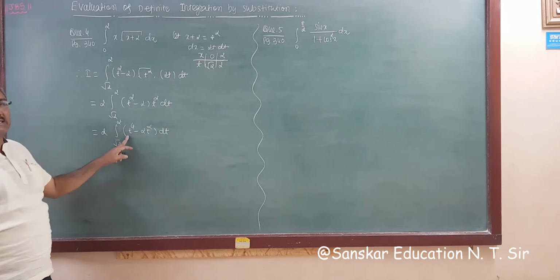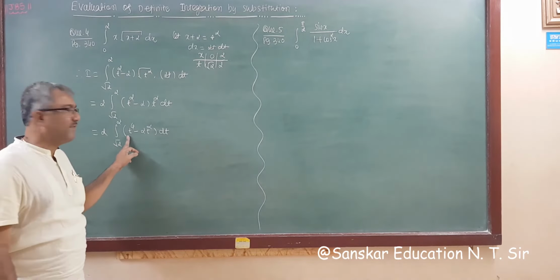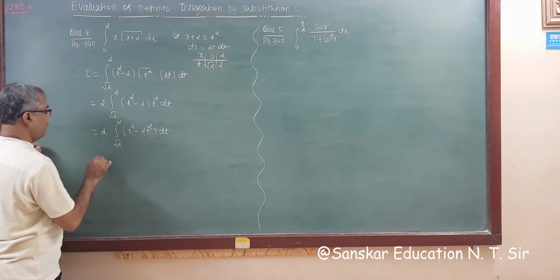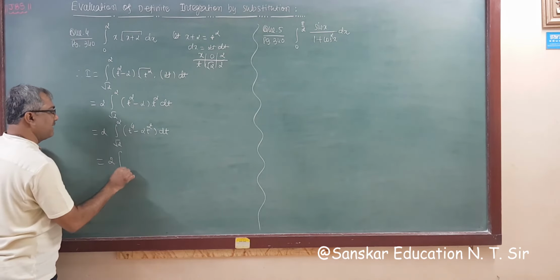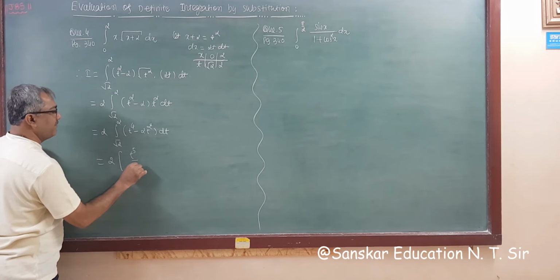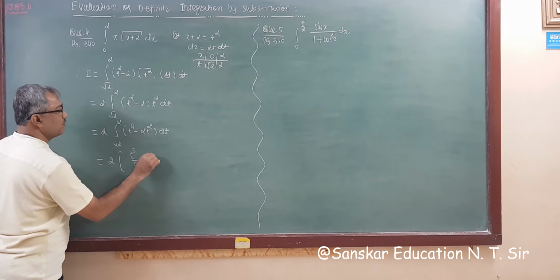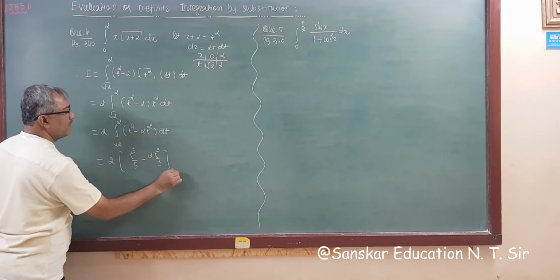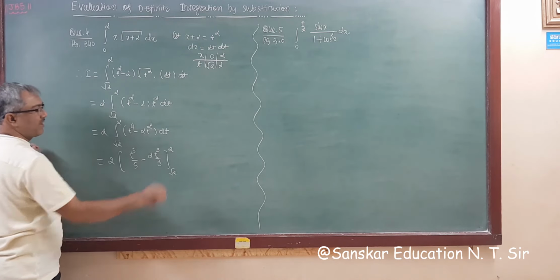Now integrating this, integration of t raised to 4 is t raised to 5 by 5 and of t square is t cube by 3. So integrating we get t raised to 5 by 5 minus 2 times t cube by 3, and limit is from root 2 to 2.